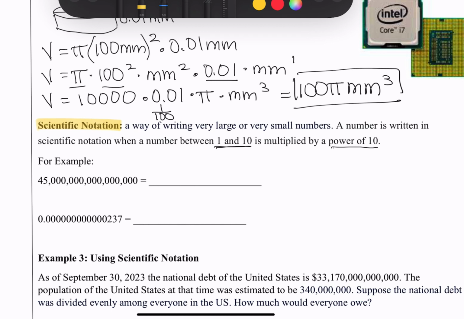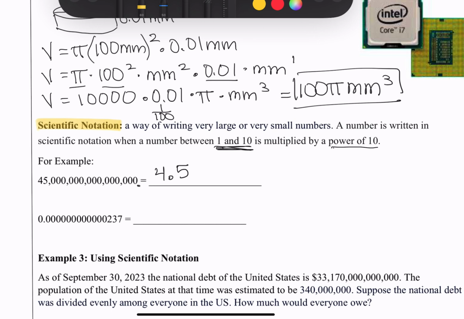So we always look to the initial numbers, or the integers that you can find. I see 45 in the front, and I need a number between 1 and 10, so I'm going to represent that 45 as 4.5. That's a number between 1 and 10. Now the question is, my decimal was originally here.